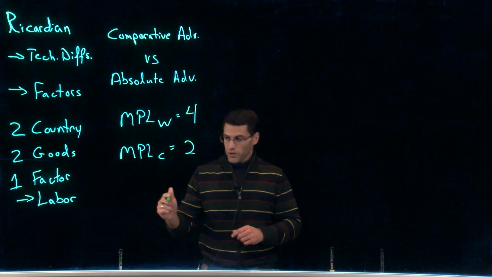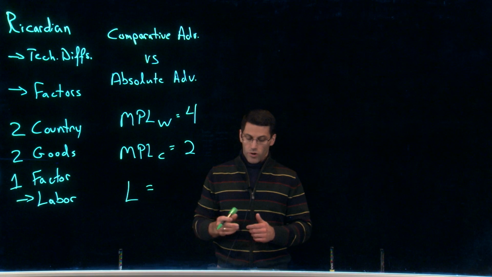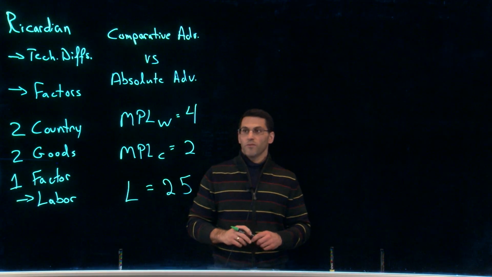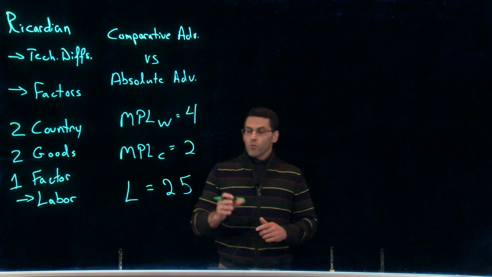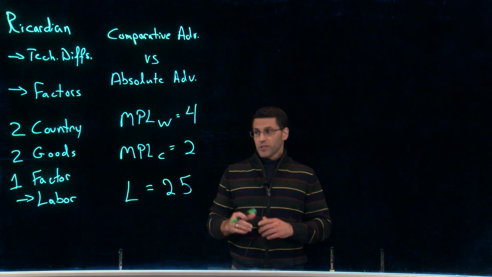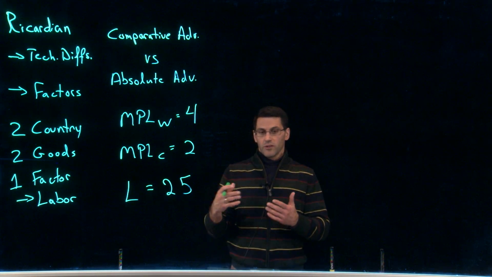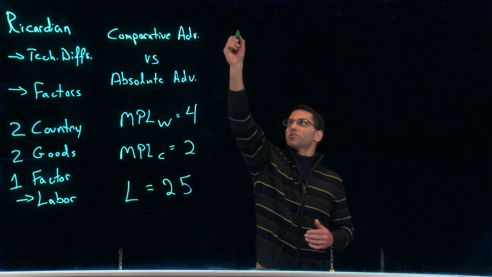The third piece of information we need is the total labor supply or number of workers. For our example, let's say there are 25 workers in the home country. So what are we going to do with all of this information? It doesn't seem like a lot, right? Just 3 pieces of information. But this is going to let us develop the production possibilities frontier for the home country.